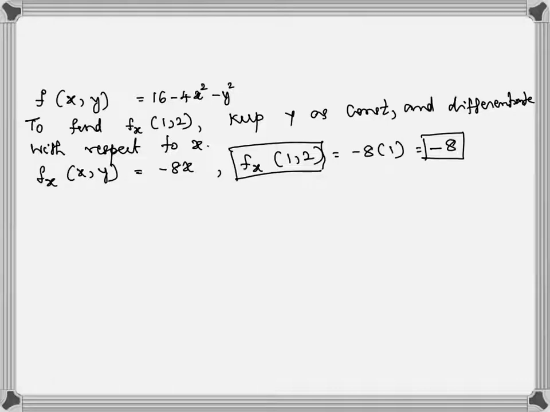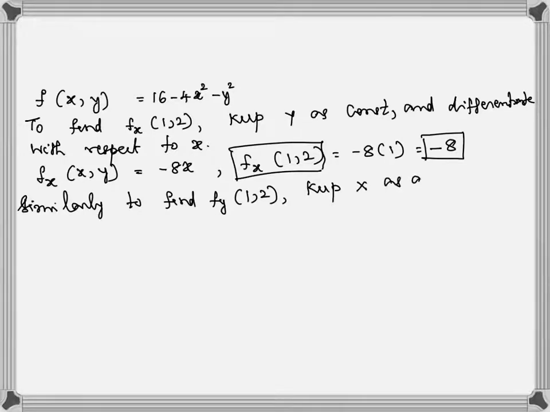Similarly, we have to get f sub y, the partial derivative with respect to y. To find f sub y at (1, 2), keep x as a constant and differentiate with respect to y. So fy of x, y equals negative 2y.